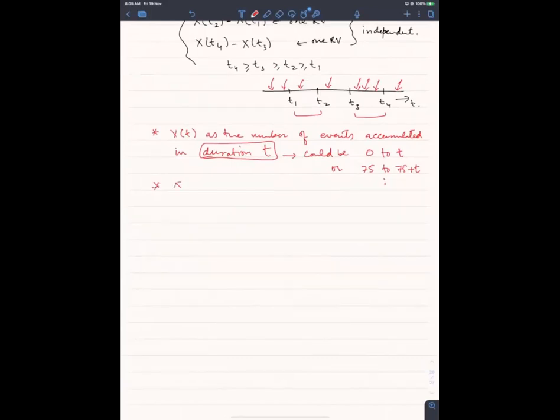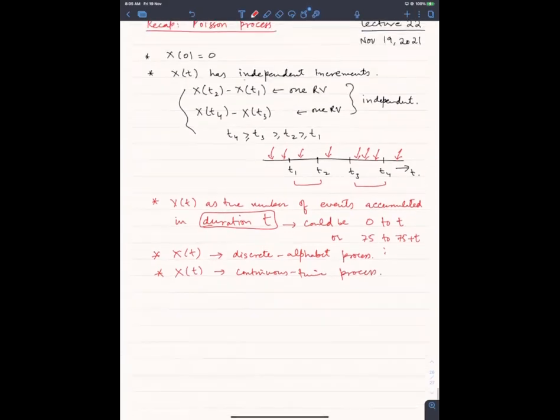So X of t, since it is counting the number of events, is a discrete alphabet process. And since it is counting the events until time t, it is a continuous time process.